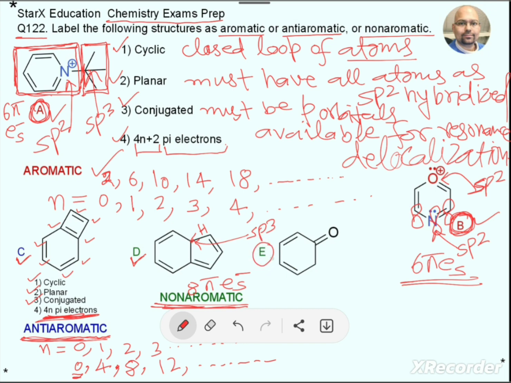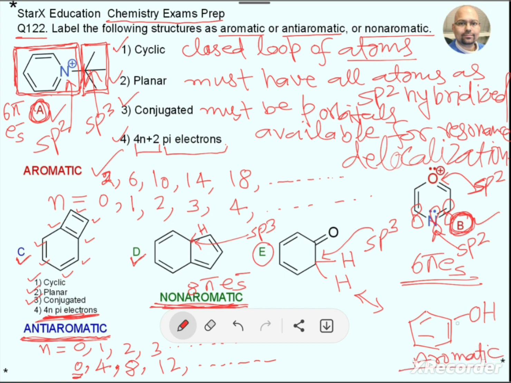Now species E, again in the same way, it's got an sp3 hybridized carbon there, and therefore this is also non-aromatic. Now we have seen some students drawing its tautomer or another form, which is phenol, and say this is aromatic.